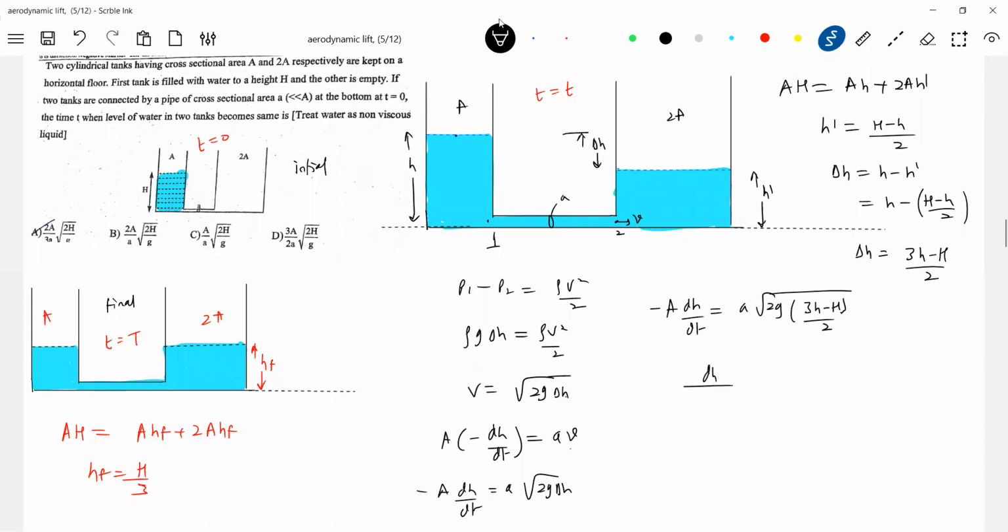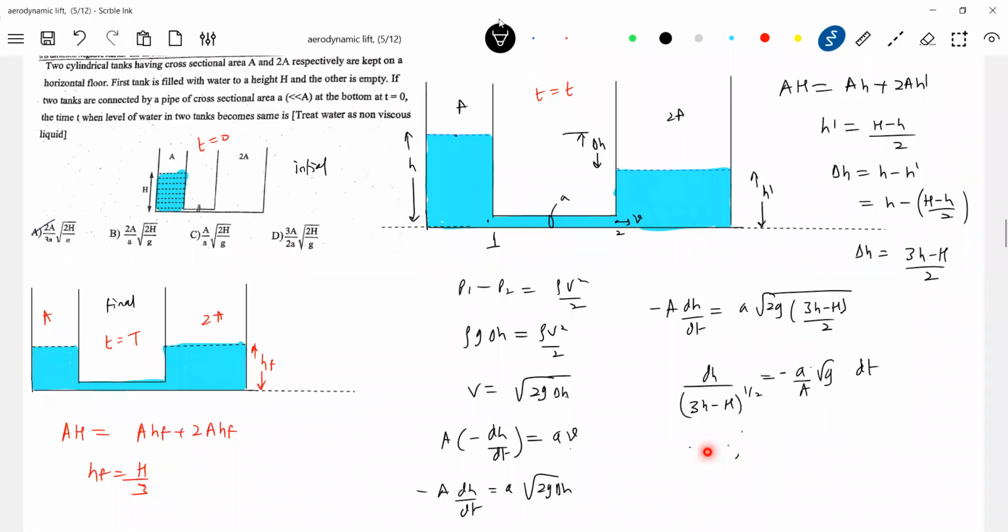Solving this, dH is equal to a by capital A, root 2 gets cancelled, so this will be a by capital A root G into dt. Negative sign, we'll keep it here for the time being. So this will be 3h minus h to the power of 1 by 2.